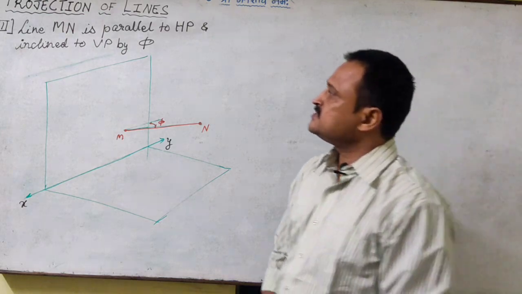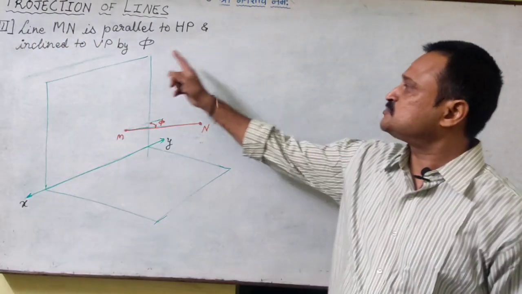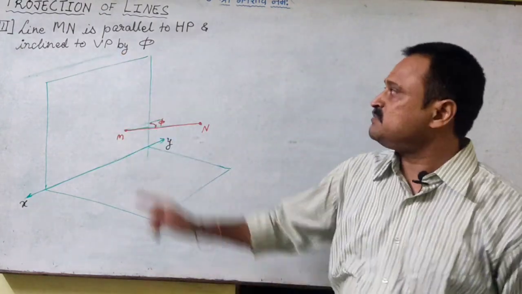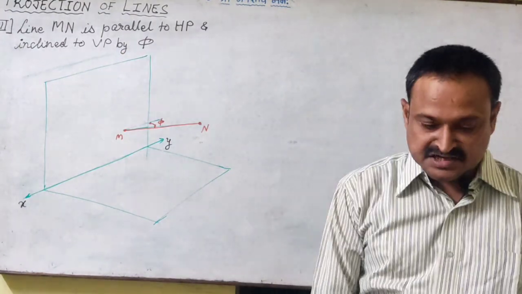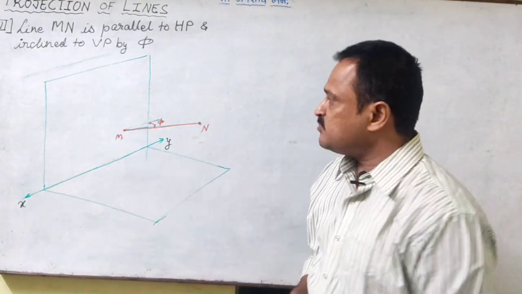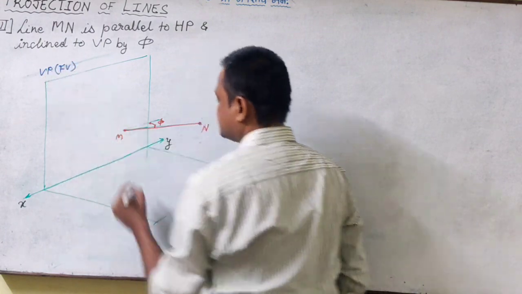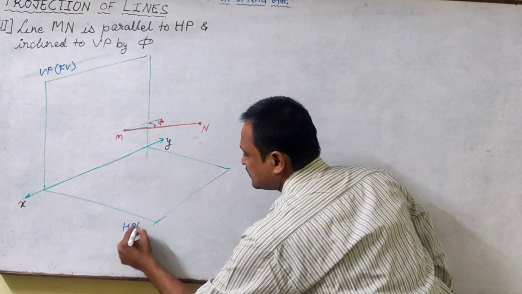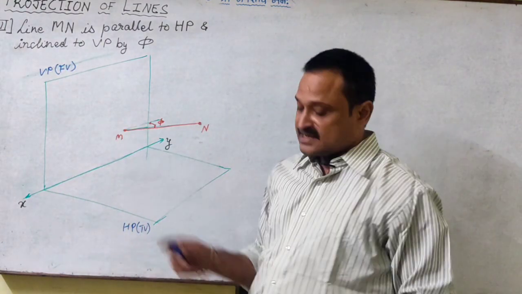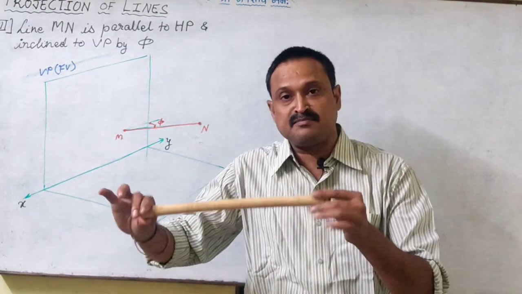Let us see the third case where the line MN is parallel to HP and inclined to VP by some inclination phi. This is the vertical plane where we will get the front view image, this is the horizontal plane where we will get the top view image, and this is how the line is placed.